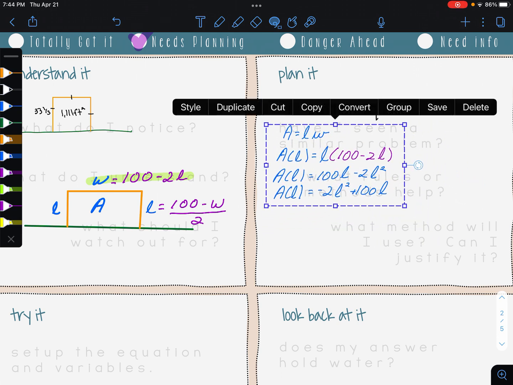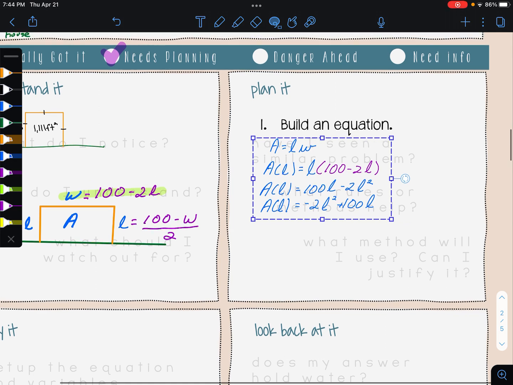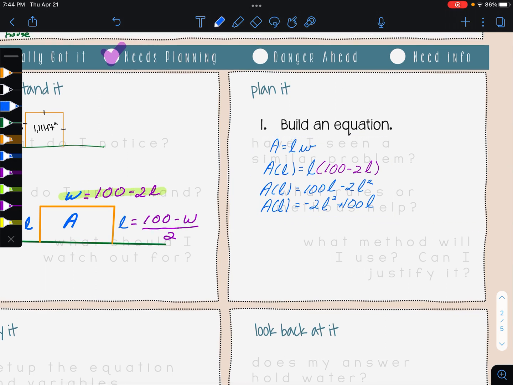So let's think about what we were just talking about with quadratics. We drew a little graph over here, and we said that if we had a quadratic equation and the leading coefficient was negative, this parabola would face downward.